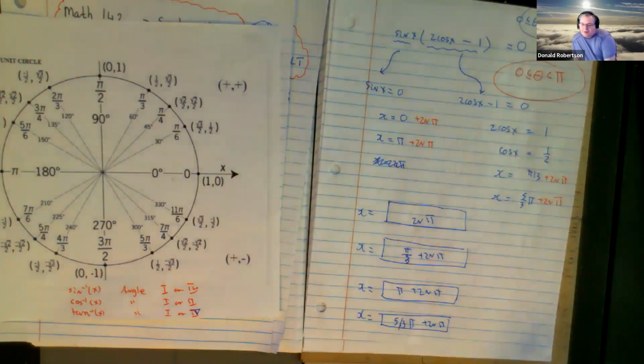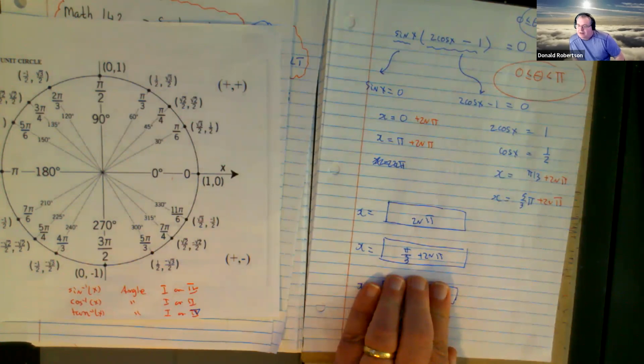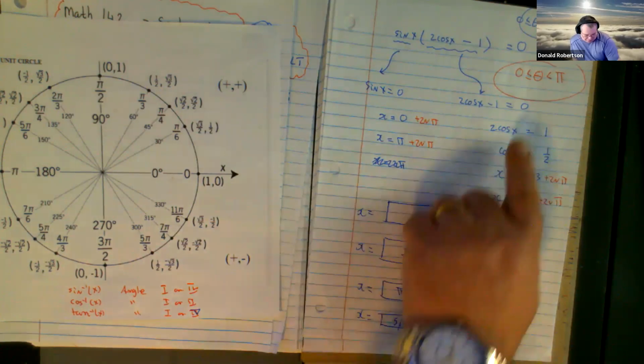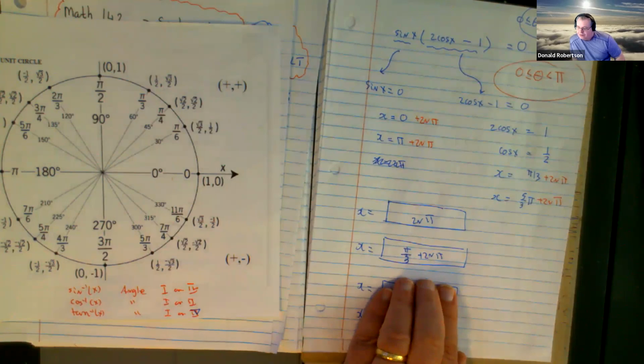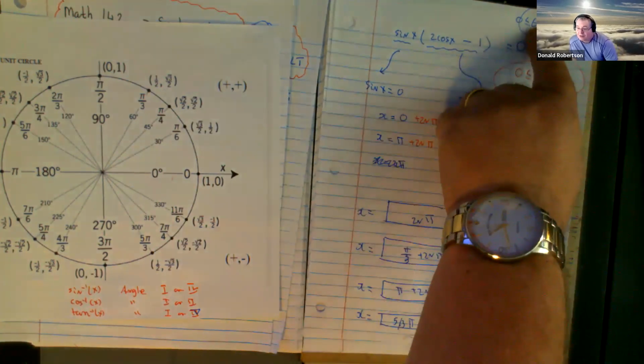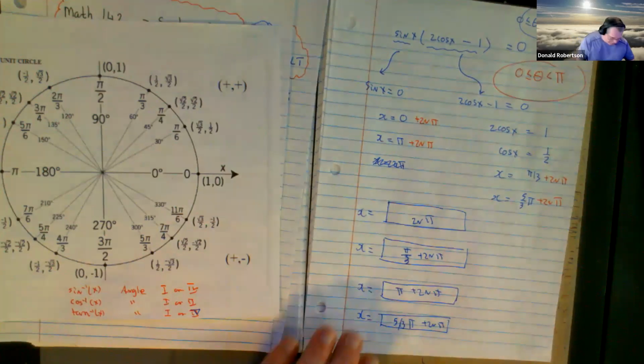You see, they told me I could only use 0 to pi this time, which meant those two answers never get counted. Oh, they were nasty. Couldn't they do 0 to 4 pi and catch me out again the next time? So that tells me I can only use those two, right? The 0 and the pi upon 3. If it had been this one, which every other question was, they'd get 4 answers.